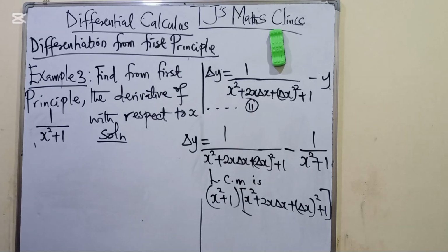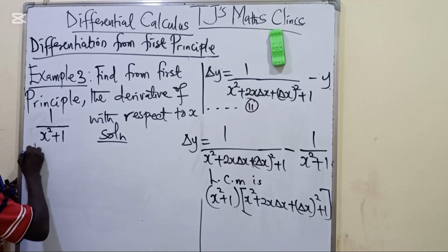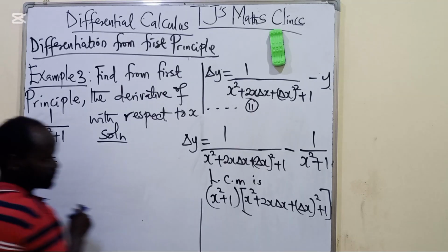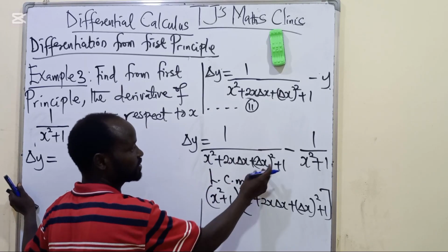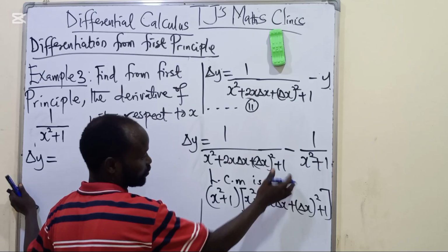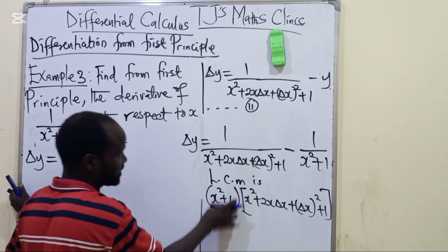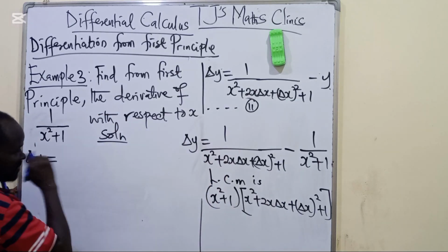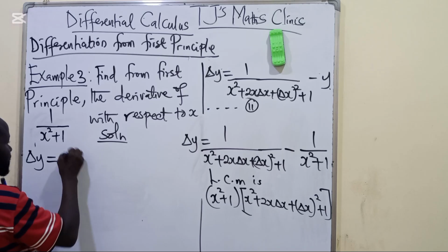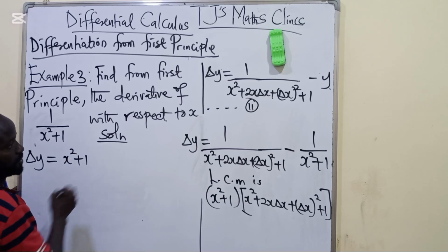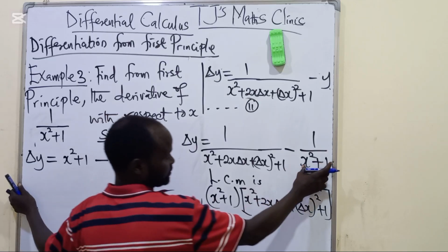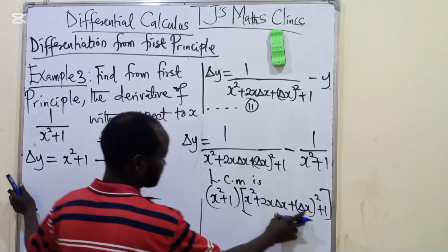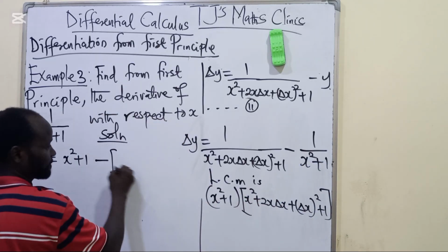Very important. So delta y now will be equals to, we use this LCM, we now say x squared plus 2x delta x plus delta x all square plus 1 into this will be left with this times 1. We'll have x squared plus 1 minus this, will remove this, will be left with the whole of this now.